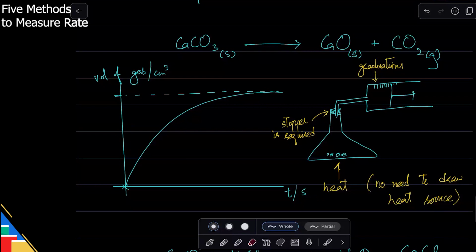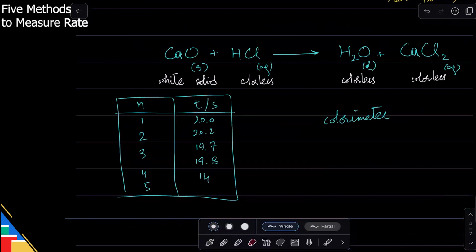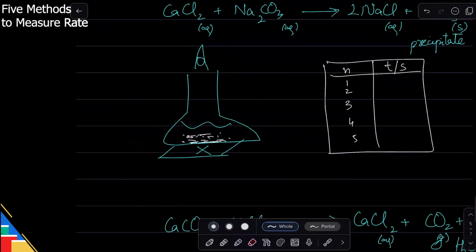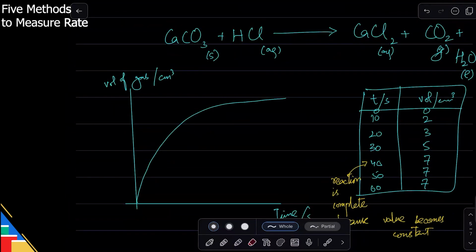One method is you see the gas and you collect the gas. One method is you see the solid which is disappearing, you use the colorimeter. One method is you see a solid that is appearing, you use a cross and look at the time taken for the cross to stop being visible.